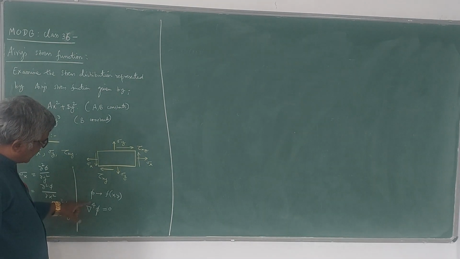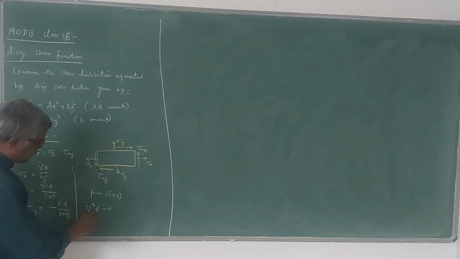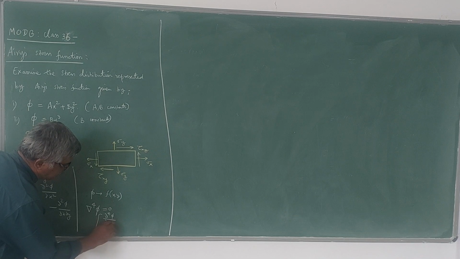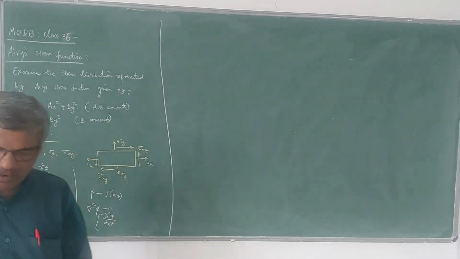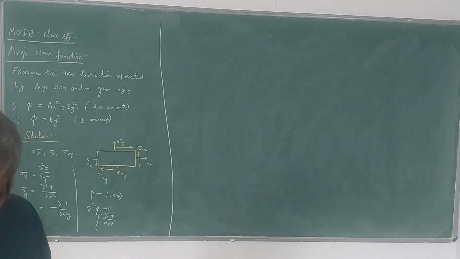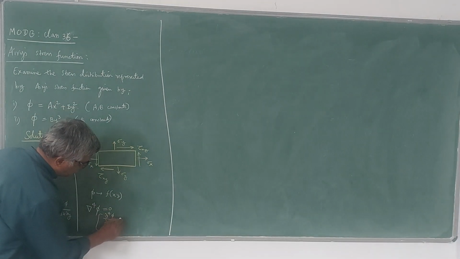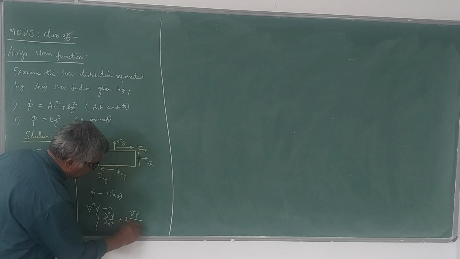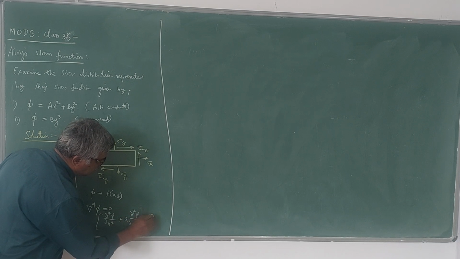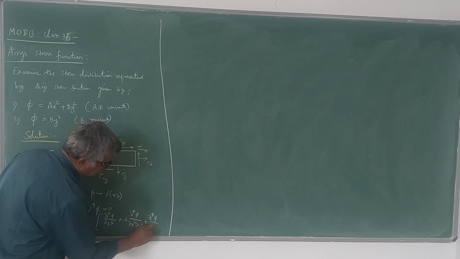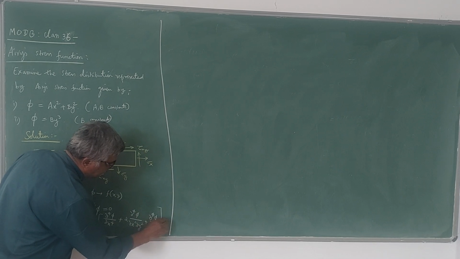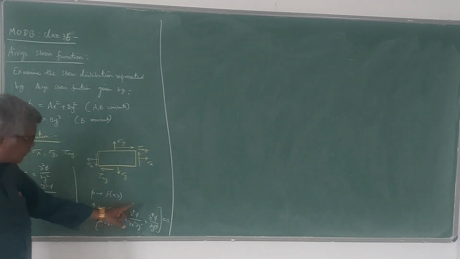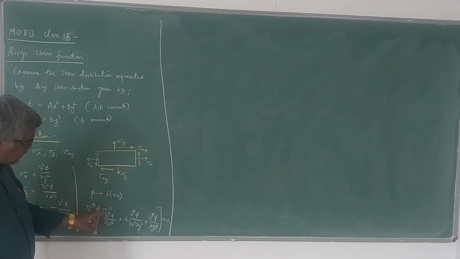So here this del power 4 phi is nothing but dou power 4 phi by dou x power 4 plus 2 times dou power 4 phi by dou x square dou y square plus dou power 4 phi by dou y power 4. So this is the operator. So del power 4 is nothing but this.